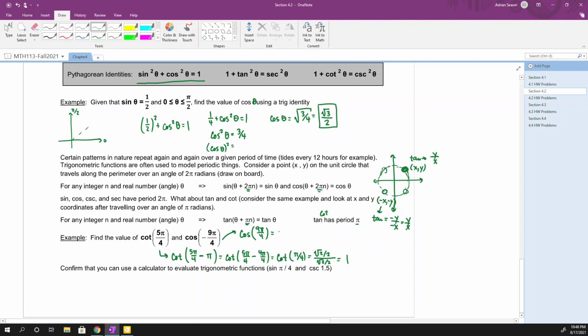Well, the cosine of 9 pi over 4 should be the same as the cosine of 9 pi over 4 minus 2 pi, right? Well, that's the same as the cosine of 9 pi over 4 minus 8 pi over 4. Well, that's the same as the cosine of pi over 4. Well, we determined earlier that that is the square root of 2 over 2.